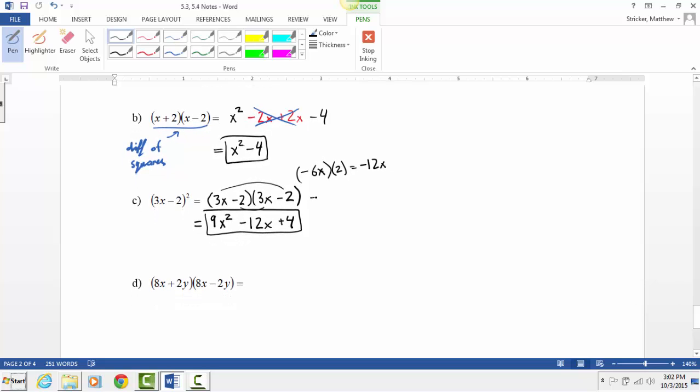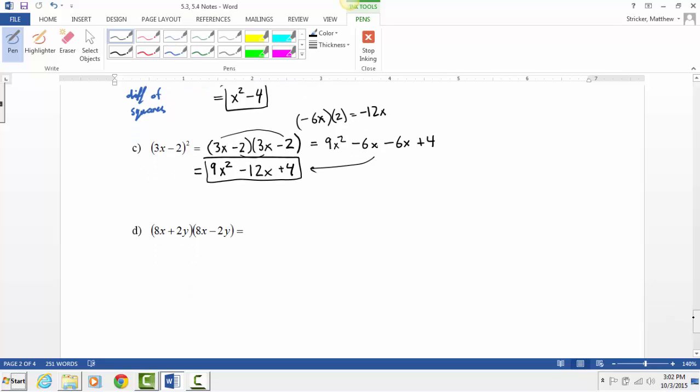What I mean by that is there's nothing wrong with taking 3x times 3x is 9x squared, and 3x times negative 2 is negative 6x, and then negative 2 times 3x, that's another negative 6x, and negative 2 times negative 2, that's positive 4, and then negative 6x plus negative 6x is negative 12x. You get that same answer. There's nothing wrong with doing it the long way.